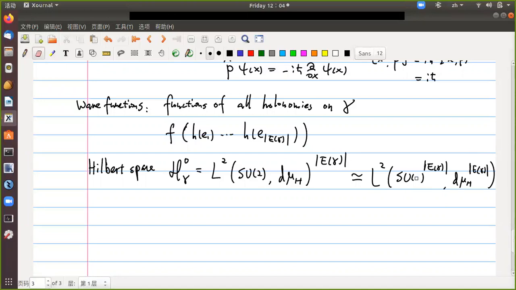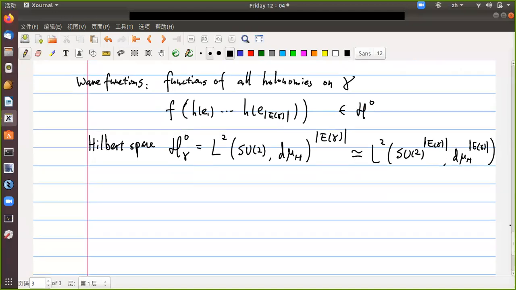Because on each edge you have a holonomy, the entire space of holonomies is SU2 to the power E gamma. Then you can build an L2 space over this product space, and this is the space of all your wave functions. So F belongs to H0.